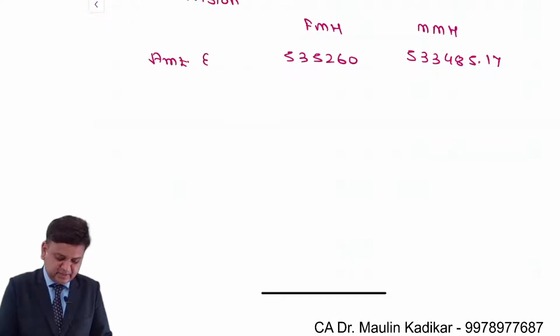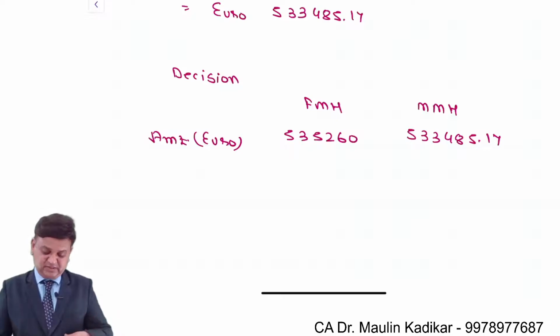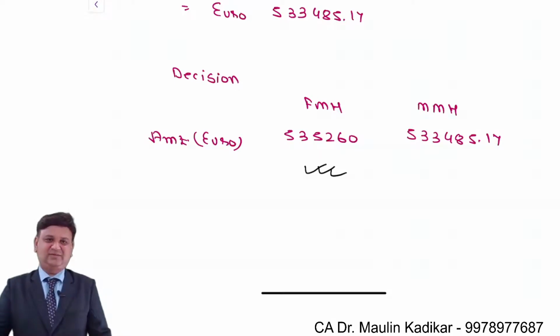This is the comparable amount in domestic currency at one point of time, that is after 3 months. And of course, we will select the alternative which is able to give us the higher amount.